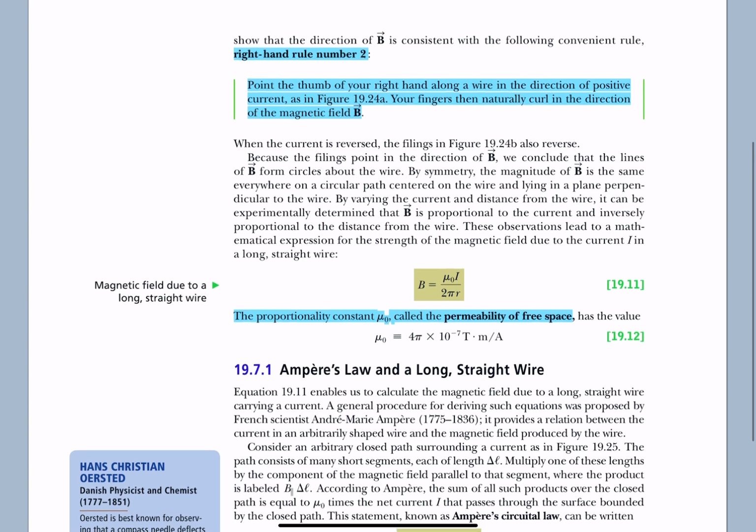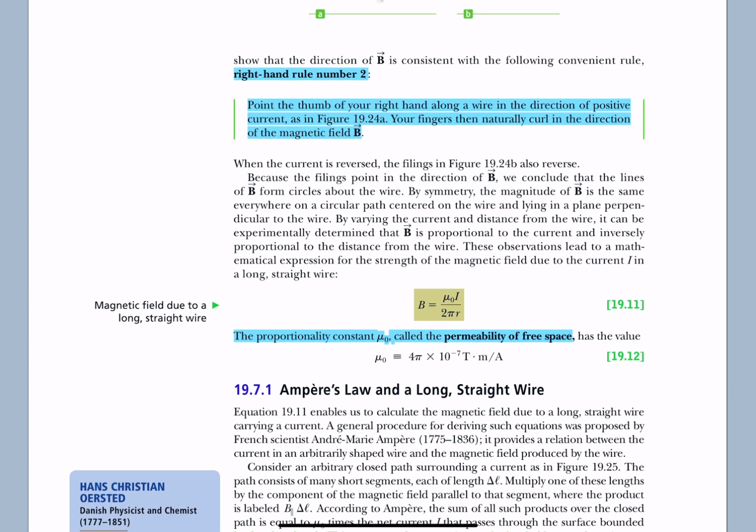We can actually use this to calculate the strength of the magnetic field that we have created. And as you might imagine, the strength of that magnetic field is going to depend upon mu, the permeability of free space, which we had in the previous chapter, what the material is that surrounds this coil.